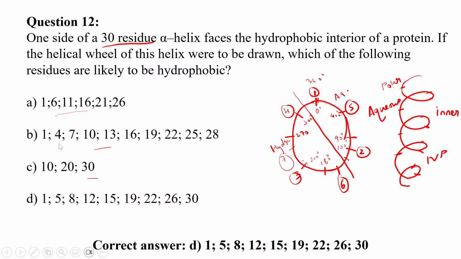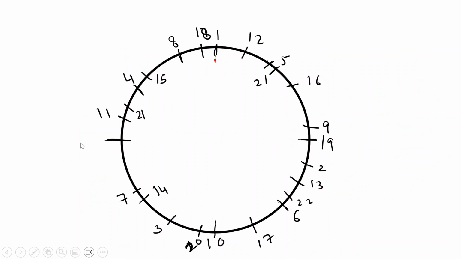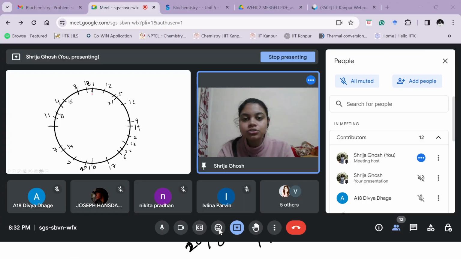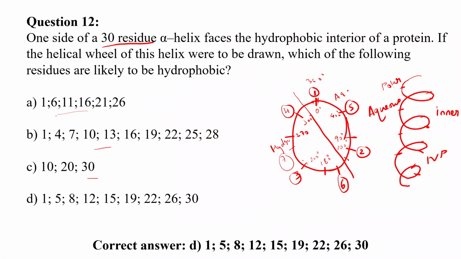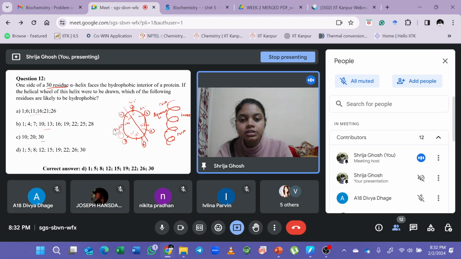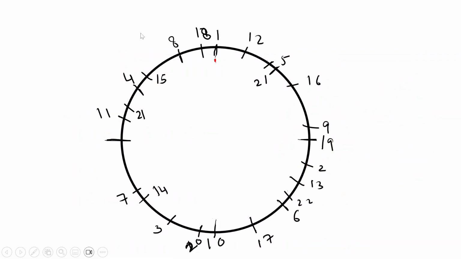Then the second option, 1, 4, 7, 10. 1 is here, then 4 is here, they are still close, 7 is here, 10 is here, and then 13. So 1, 4, 7, 10 and then 13. This is a very broad range.